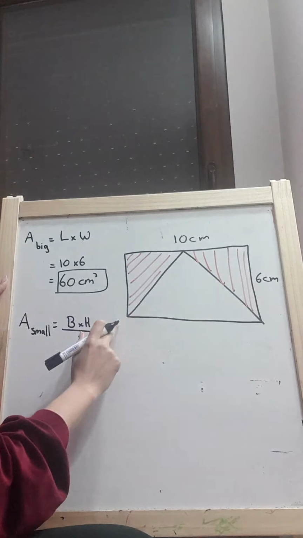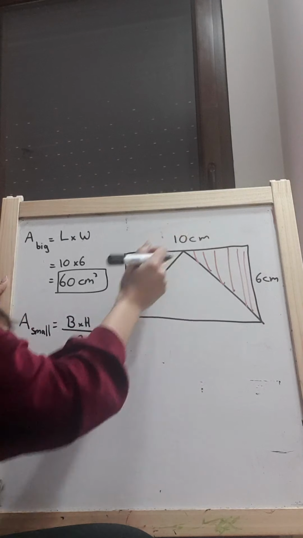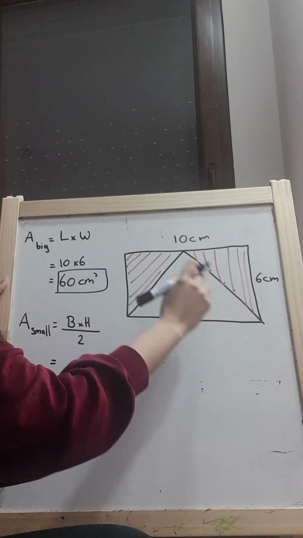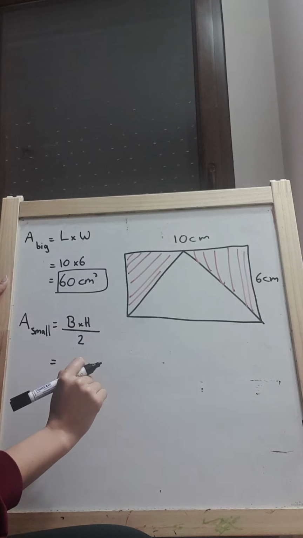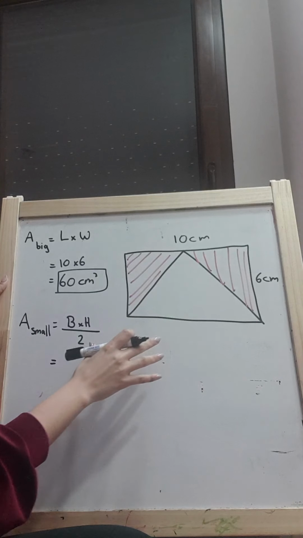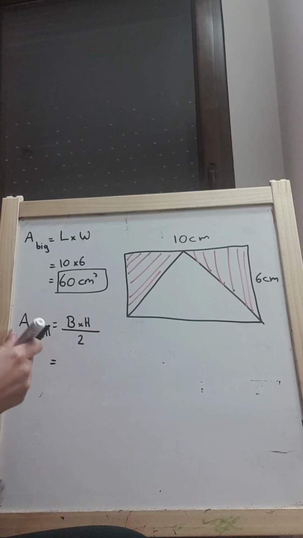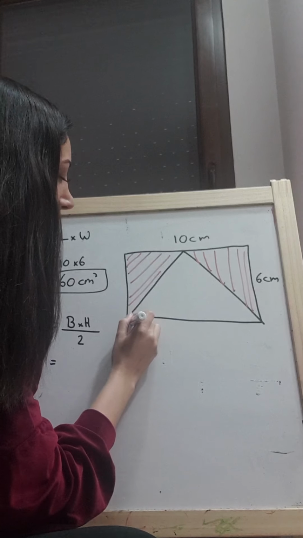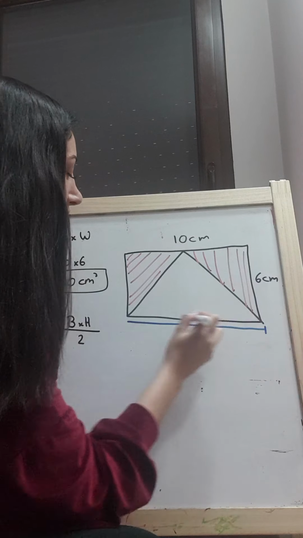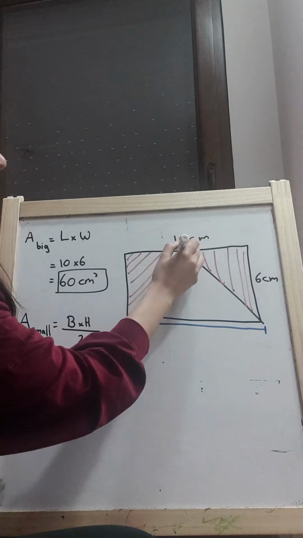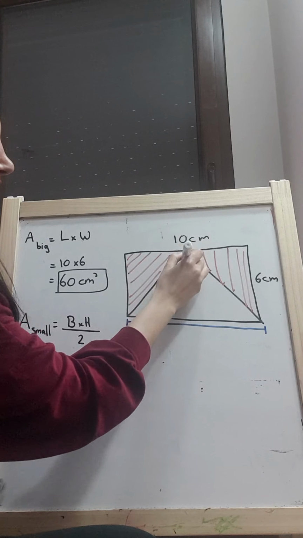What is the base of the triangle? Any side could be the base. However, from the measurements that I have, this base. Let's label it in blue. This is the base of the triangle. This is the opposite vertex.